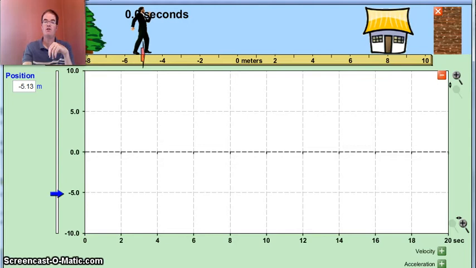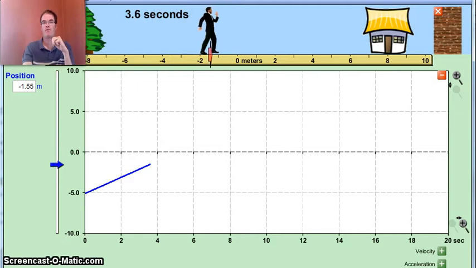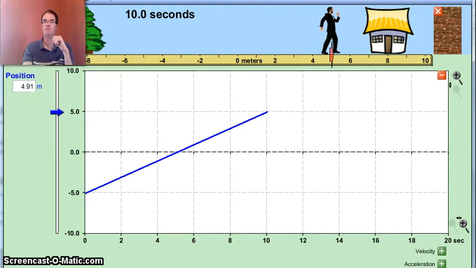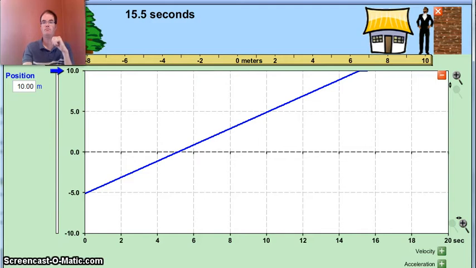Let's take a look at what this one looks like for constant speed. Alright, so there you have the man going from position of -5 meters to 10 meters.